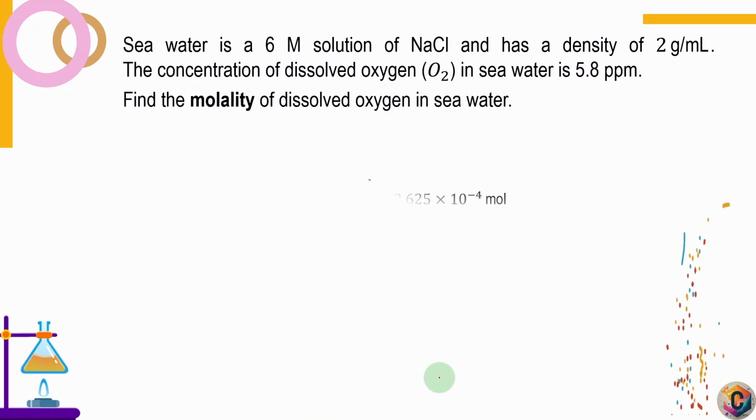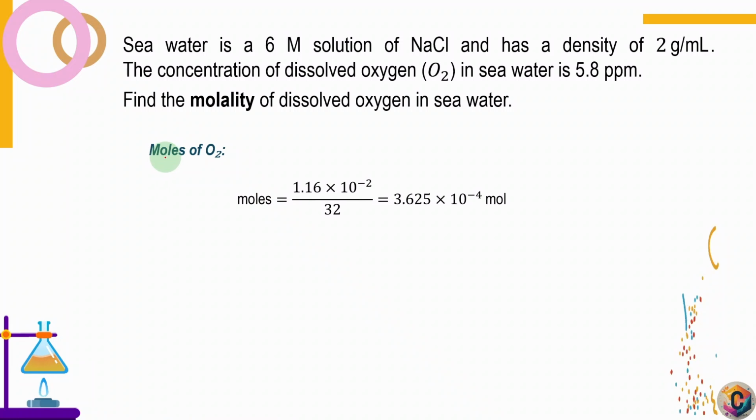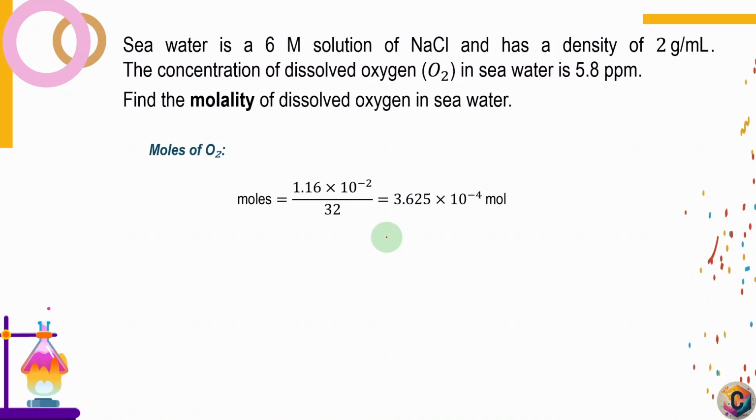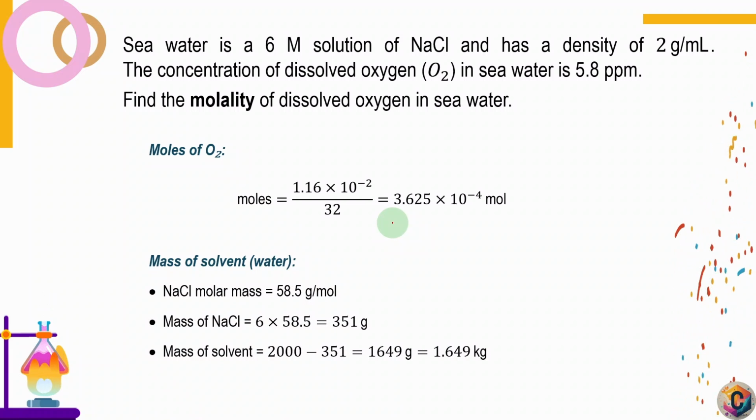Then I have to calculate how many moles of oxygen are present in 1.16 into 10 power minus 2 gram. So mass of oxygen divided by molecular mass, I have calculated 3.625 into 10 power minus 4 moles.